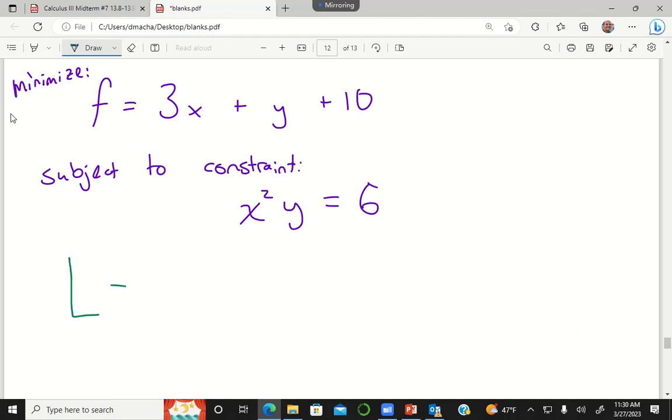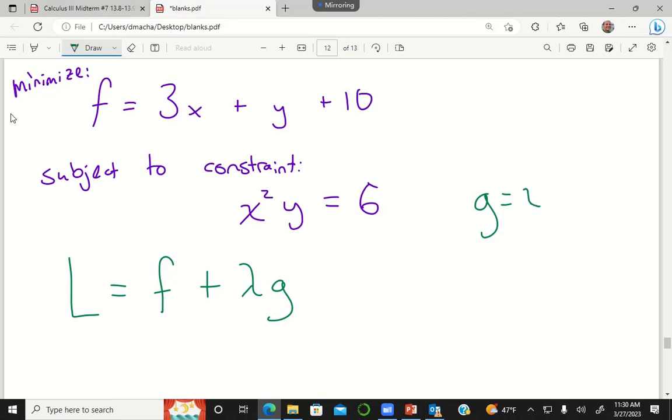So write the Lagrange function. This is going to be, remember, f plus lambda g. So have that memorized. F plus lambda g. And g is what? Perfect.